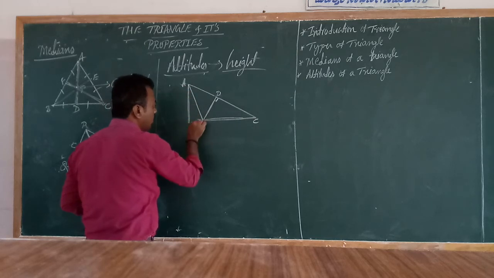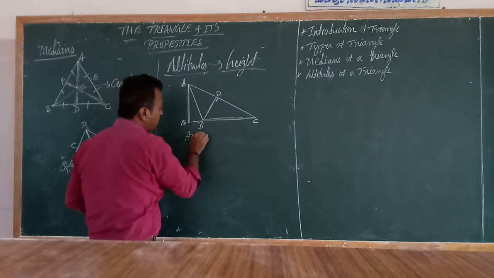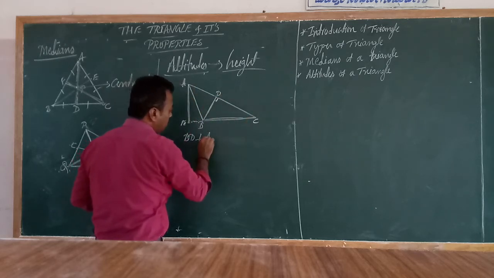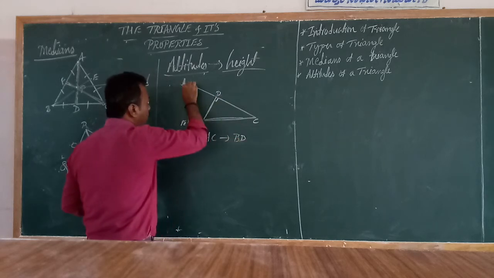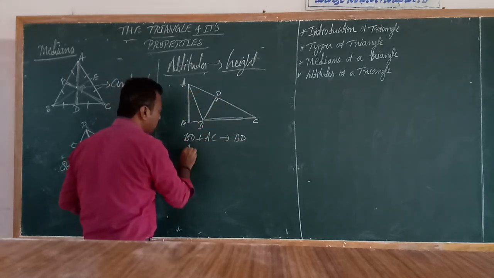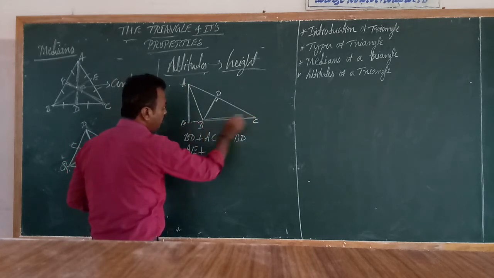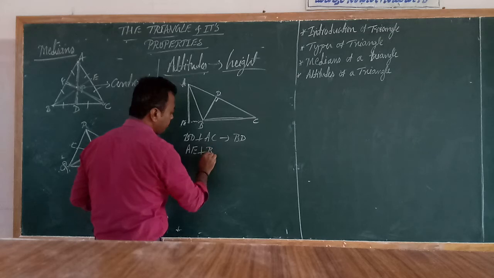Is it right? That is called E. So, BD is perpendicular to AC. Therefore, BD is one of the altitudes, and from the vertex A, AE is perpendicular to BC.